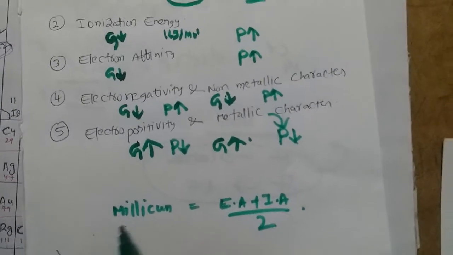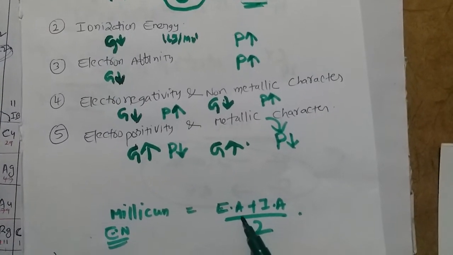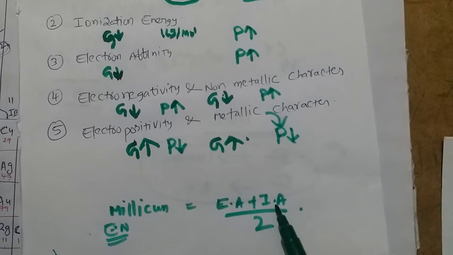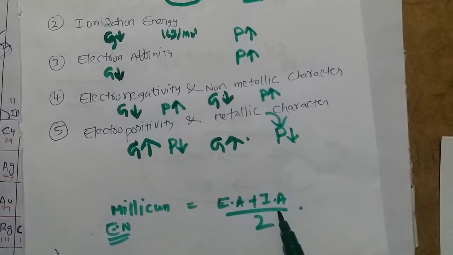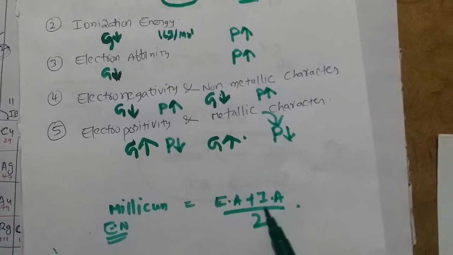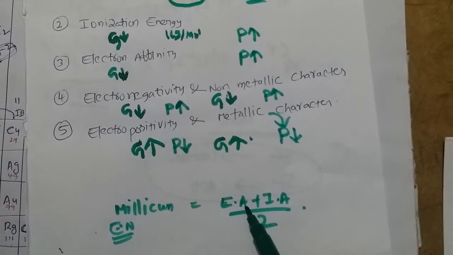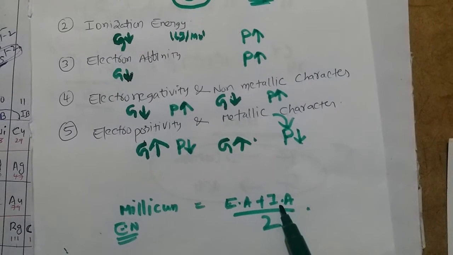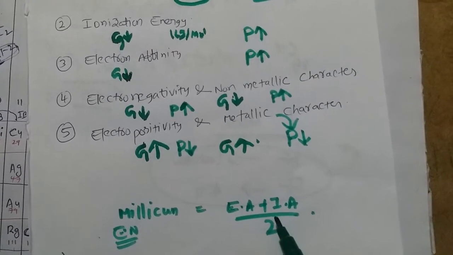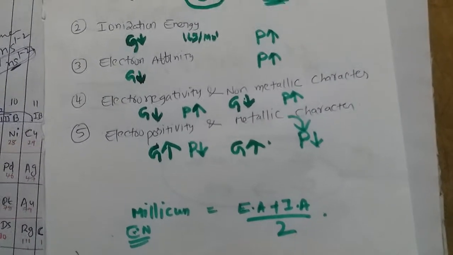According to Mulliken, electronegativity is equal to the ionization energy of that element and the electron affinity of that element, both added and divided by 2. That means the average of the electron affinity and ionization energy of a particular element is equal to that atom's electronegativity only.